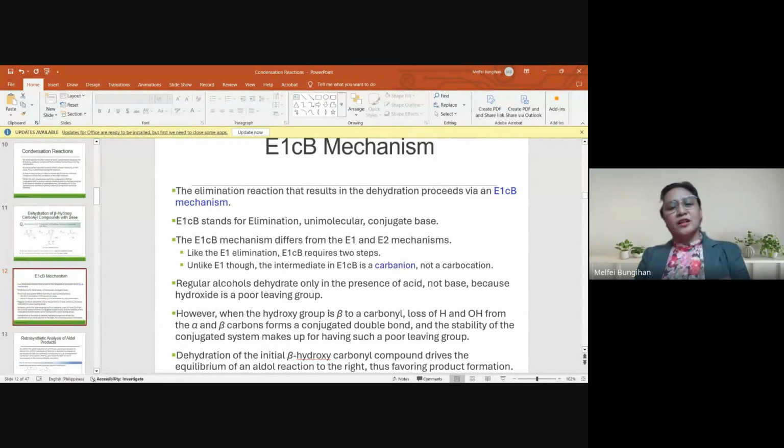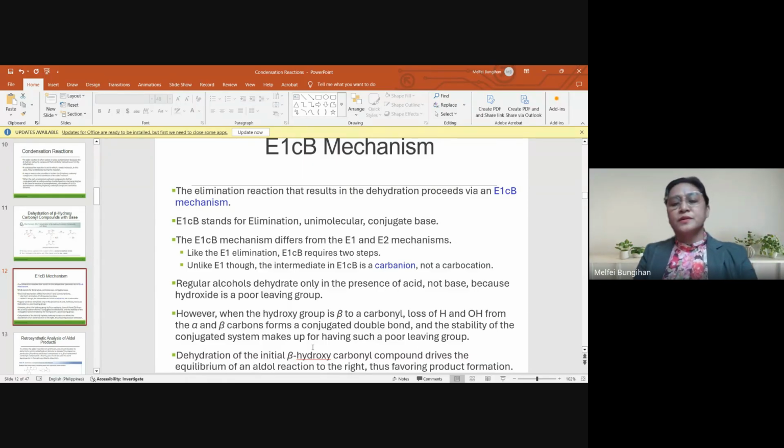Now, regular alcohols dehydrate only in the presence of acids. They do not dehydrate very much in the presence of a base, because hydroxide is a very poor leaving group. However, if we have a hydroxy beta to a carbonyl, the removal of the OH from the beta position is stabilized by the conjugated system, because you still have the carbonyl group there.